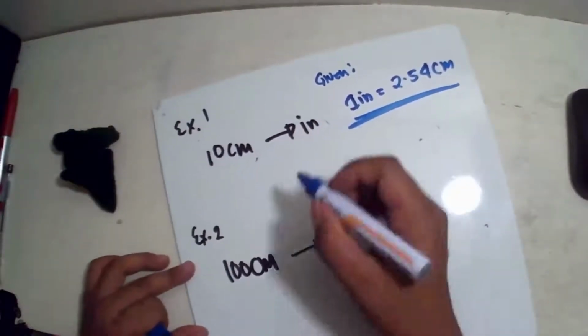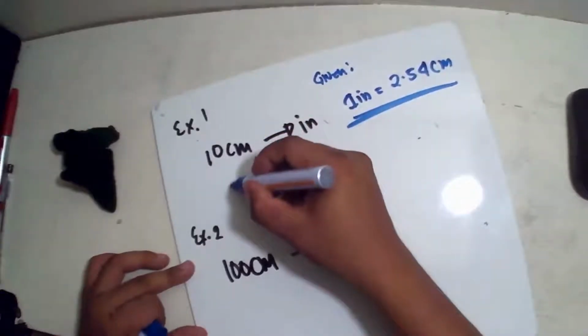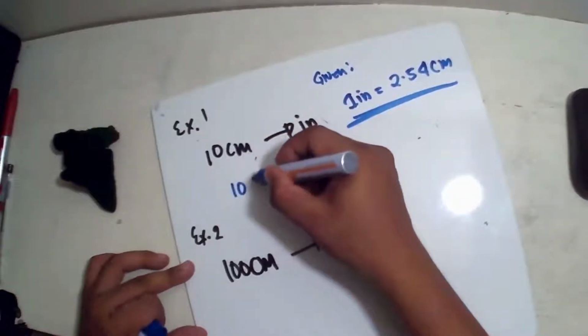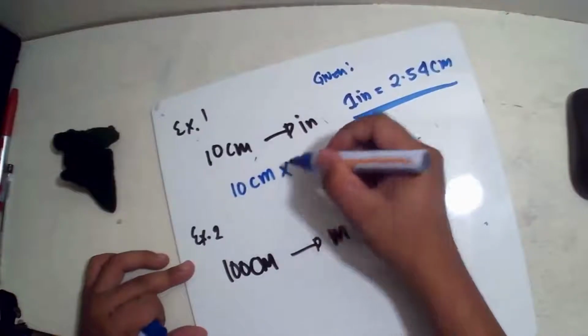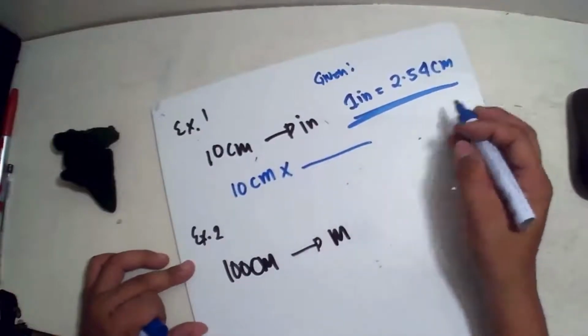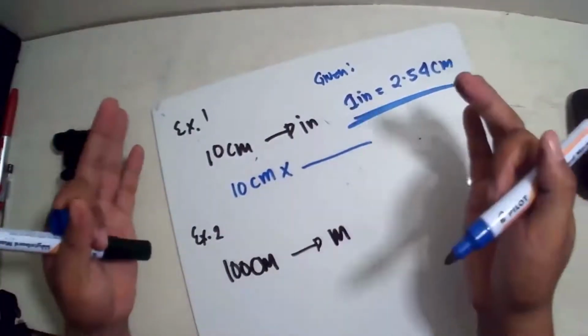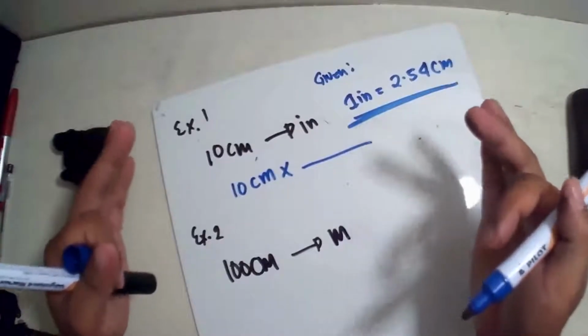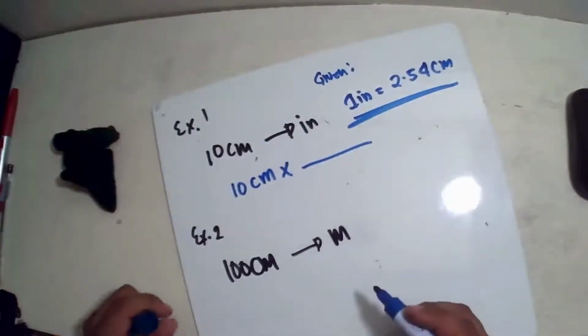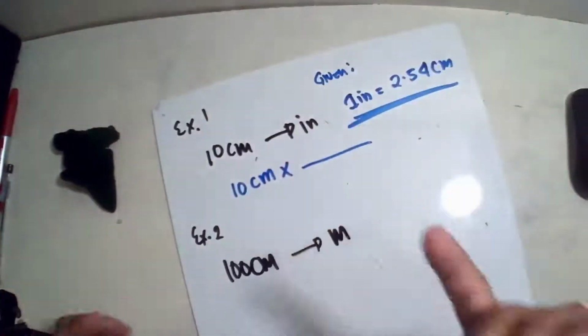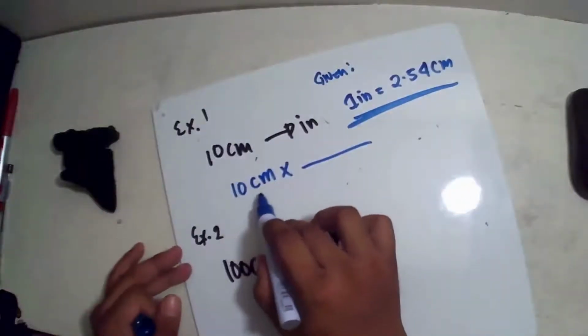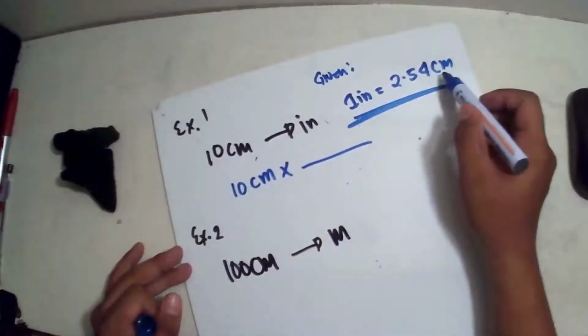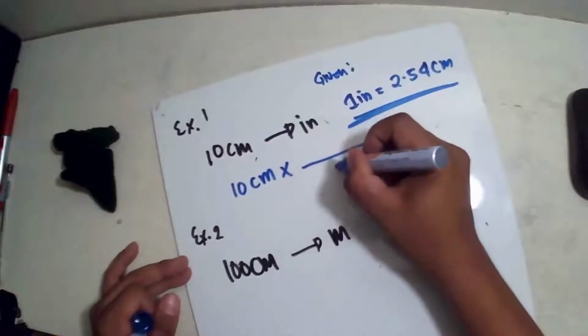Now to do this, we'll put 10 centimeters times, and we will treat a unit as an algebraic quantity. That is why, for us to cancel out centimeter to centimeter, we will put centimeter here.